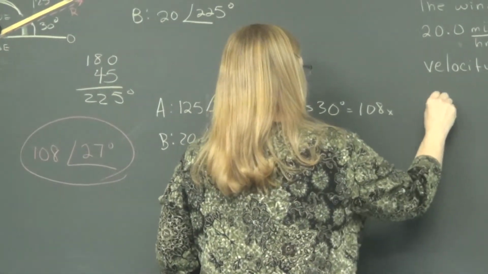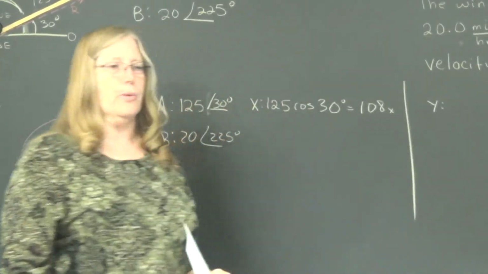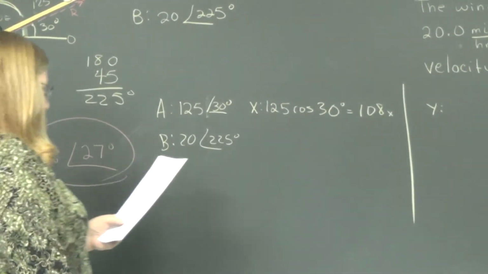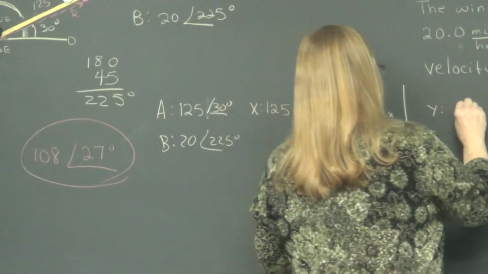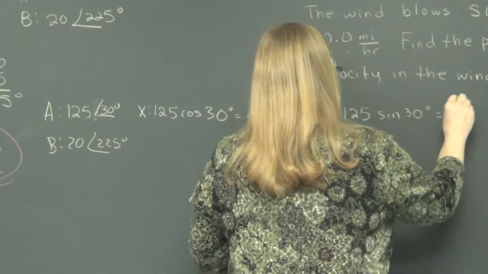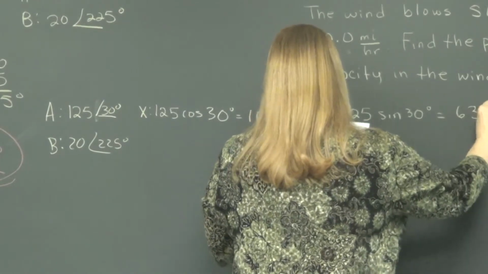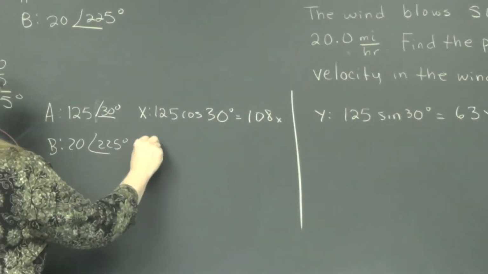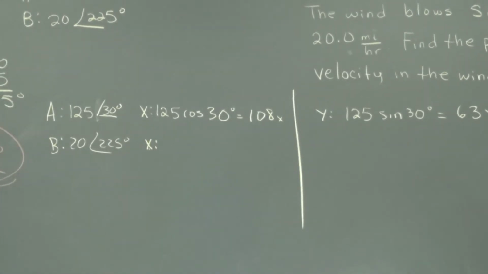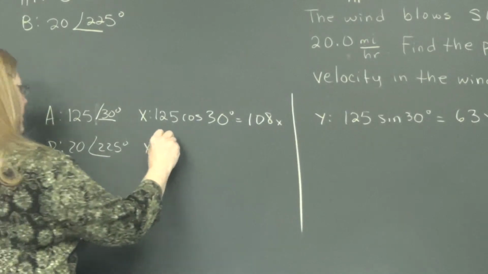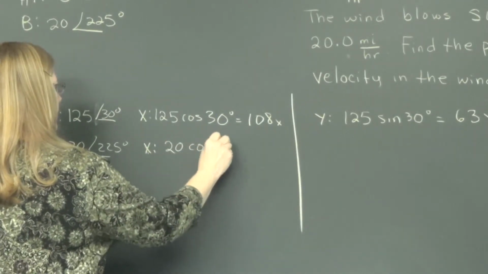All right, now we're going to jump across the fence here and do y. Emily number 2, what expression? 125 sine 30. All right, and what is that? 63. All right, 63. All right, Zach, we're jumping down to B, and I want the x component of it. What expression? It would be 20 cosine 225.